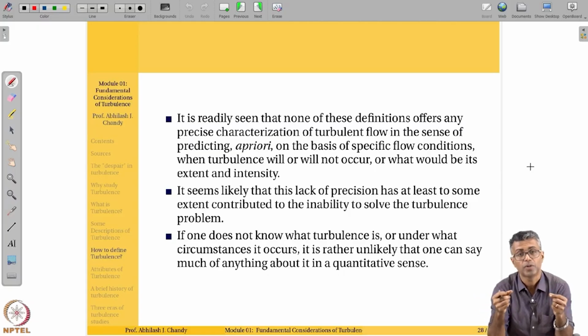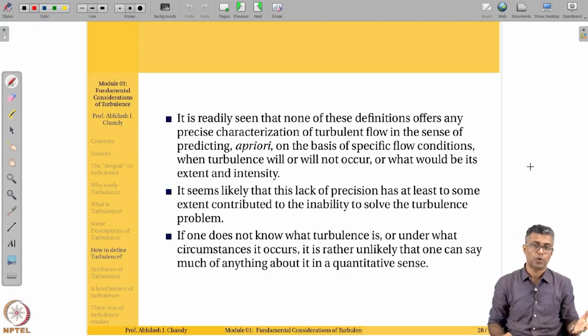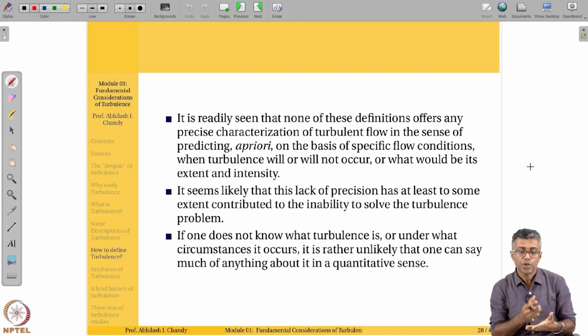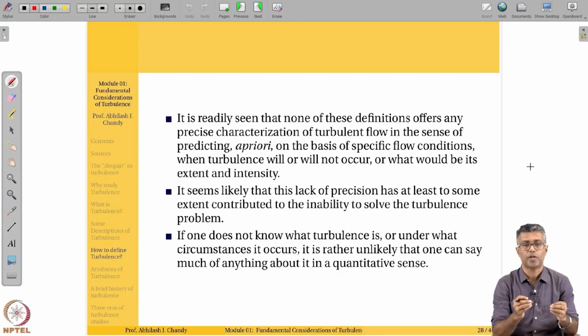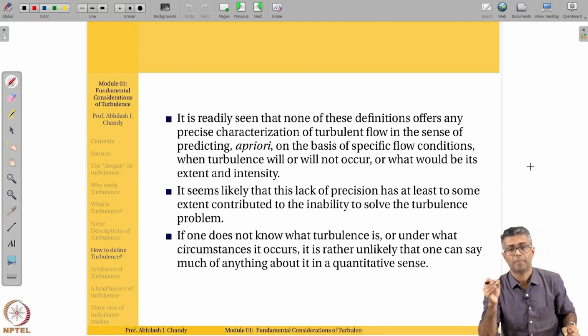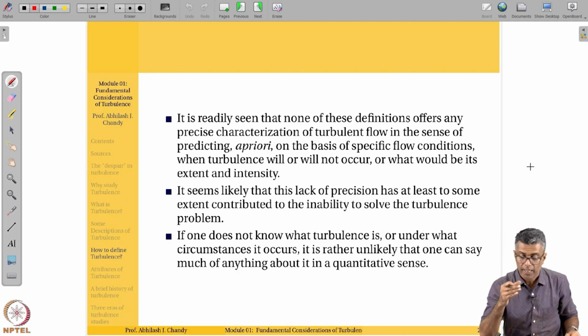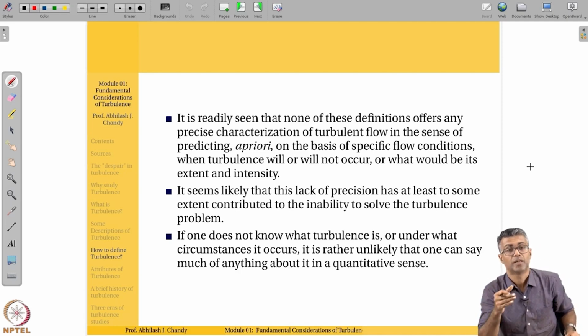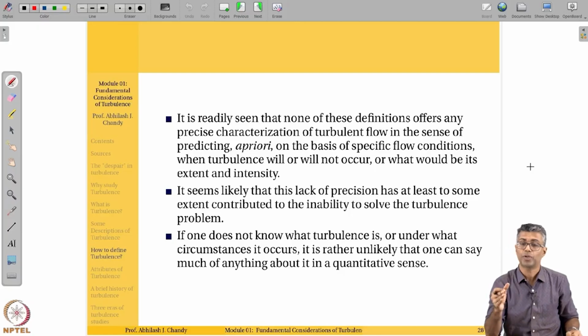Because one can argue that if you don't know what turbulence is, if you cannot define what turbulence is, can you actually solve it in a quantitative sense? Meaning know exactly when it is going to occur, what is going to happen next, at what intensity is it going to happen. Can you actually predict that? Maybe not knowing the definition has something to do with it.